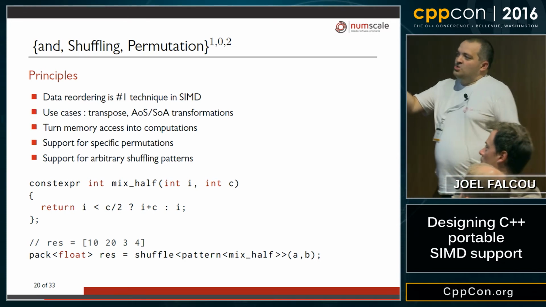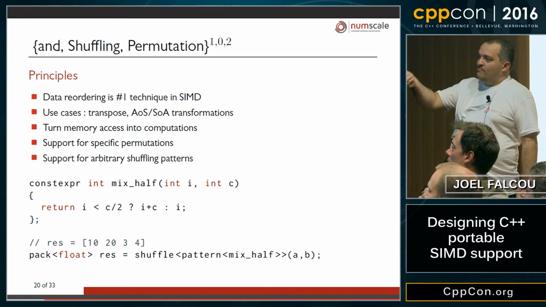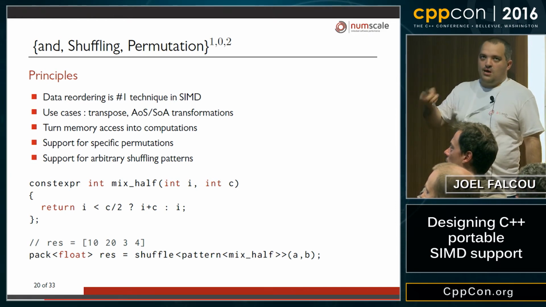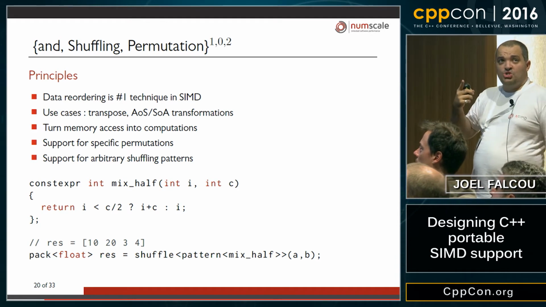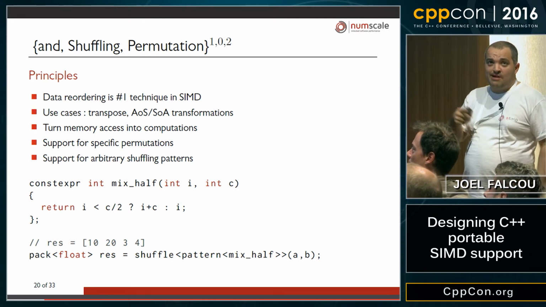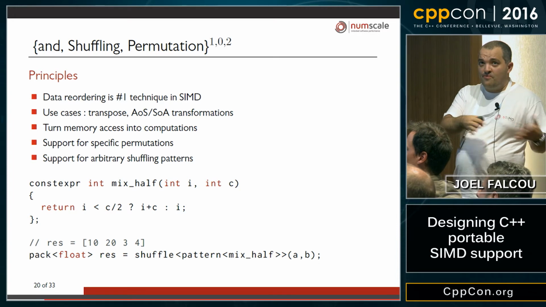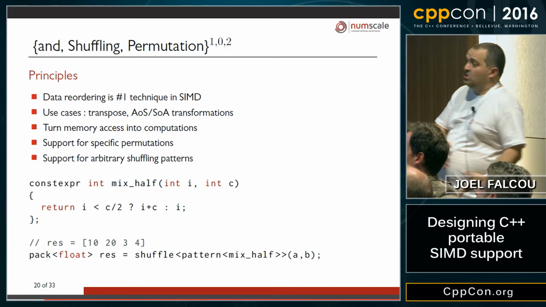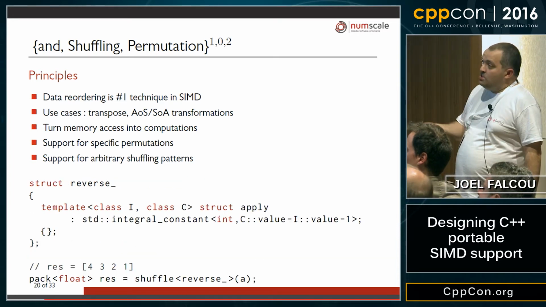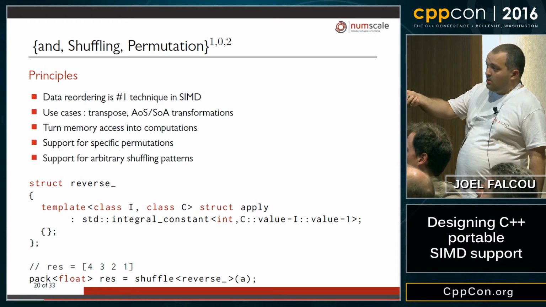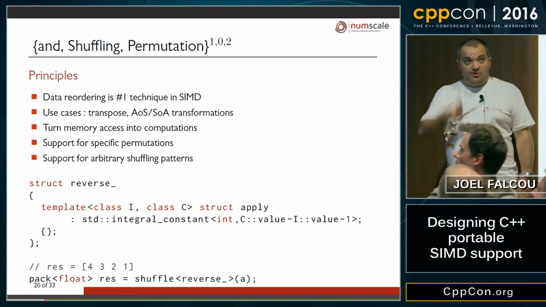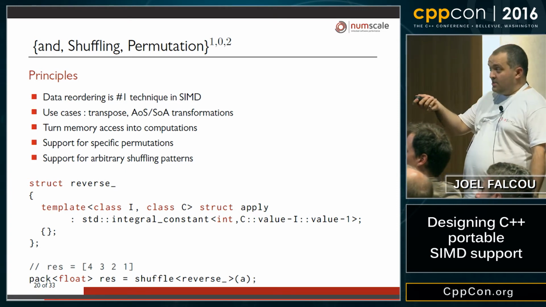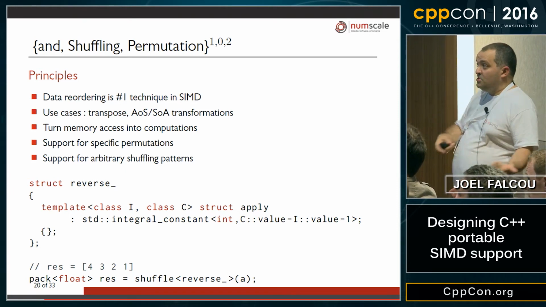So what happens when we do this shuffle? Well, depending on the patterns you pass there and your hardware, we can recognize a bunch of permutations that actually map to something which is better than just calling the basic shuffle functions. So if you happen to do this, and you are on a system where you have an intrinsic to flip your pack, we will recognize that it's a reverse, and you will call the correct intrinsics.